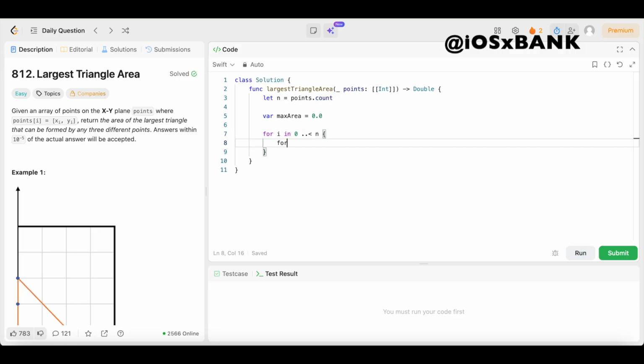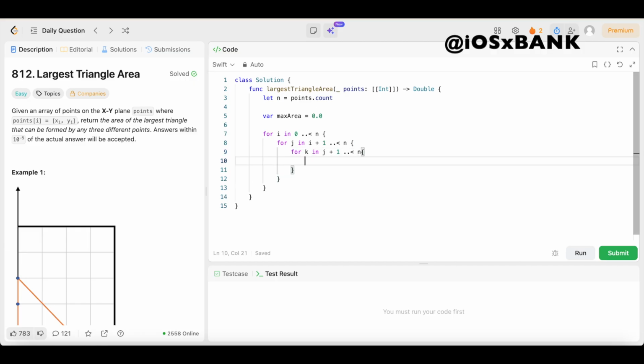Then for j in i plus 1 dot less than n, open up the brackets. And then for k in j plus 1 dot less than n, we're going to open up the brackets again.